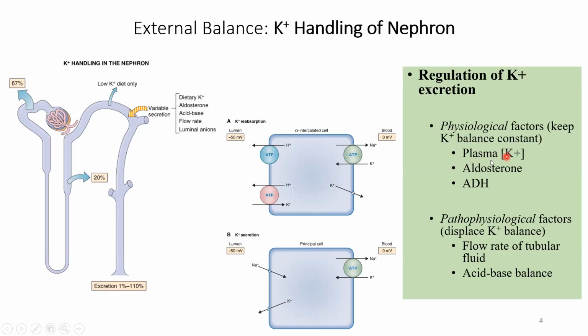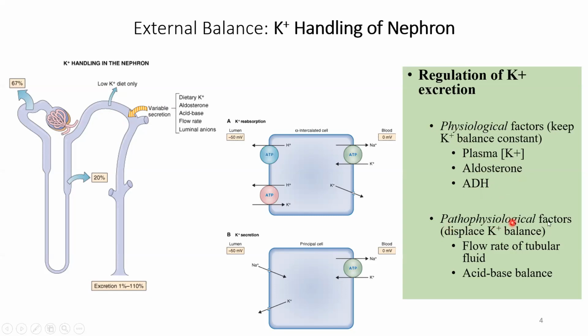You have the plasma potassium, which dictates whether there will be uptake, reabsorption of potassium, or secretion of potassium. You have aldosterone, the details of which we'll be discussing soon. And then you have ADH, which also has something to say about potassium. It affects potassium levels in the ECF. Okay, you need to refer to the ADH info diagram that I sent out.